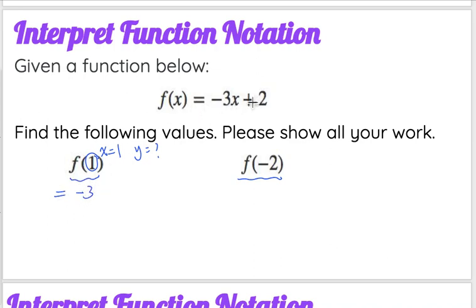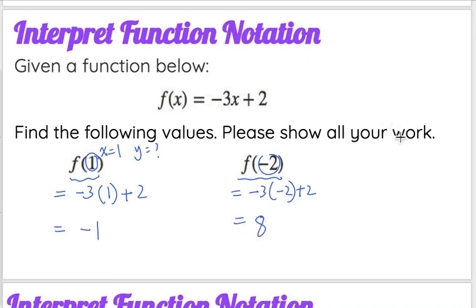This equation says the function applies to x. Whatever the input is, we multiply by -3 and add 2. So we multiply the input 1 by -3 and add 2. The final answer is -1. And next is -3 times -2, because this time the input is -2. -3 times -2 is 6. 6 plus 2 is 8.